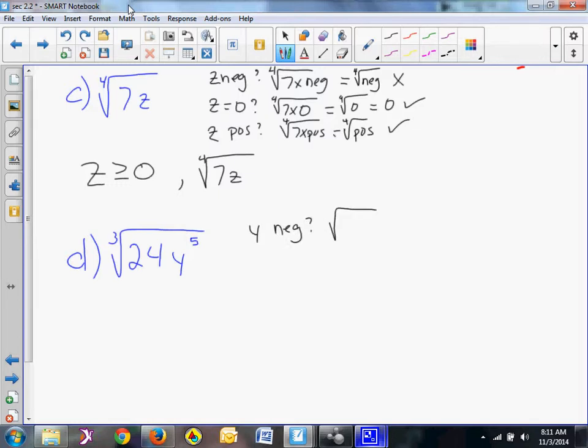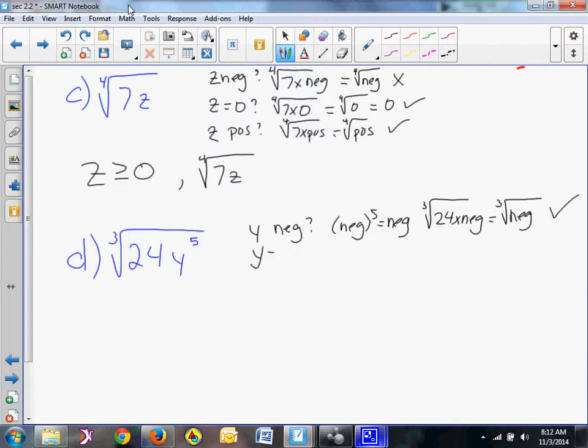If I take a negative number and put it to the power of 5, I'm going to get a negative number. And then I want the 3rd root of 24 times some negative number. Since 24 is positive, a positive times a negative gives us a negative. And yes, we can take the 3rd root of a negative, so y can be negative.